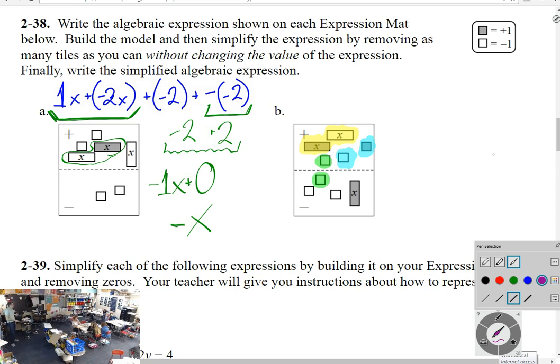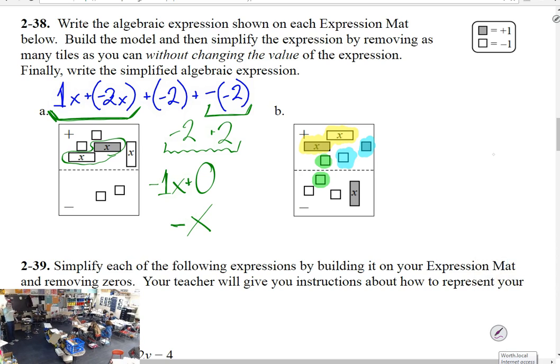So what I was highlighting up here, so if you, in the same region, you're like, hey, this is an x, this is a -x. Well, they fight each other, and they cancel out, so this gets removed from our expression. A +1 and a -1 can get removed from our expression.